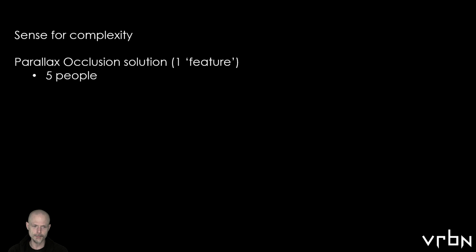Now, to give you a sense of the complexity of how much work goes into this system that we developed for creating these parallax occlusion interiors: on average, 5 people were working on this for about 1.5 years, until we had the tools in place, until the interiors were made, until we figured out how to create these textures, how to solve the math behind this effect, so that it works with the same textures in different coordinate systems, because different 3D tools have different coordinate systems.